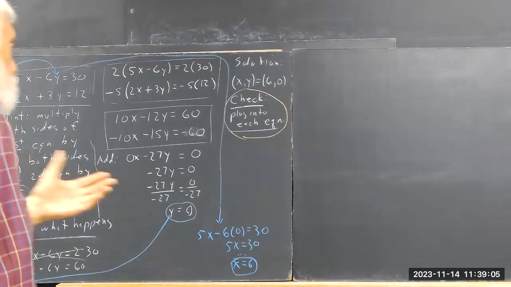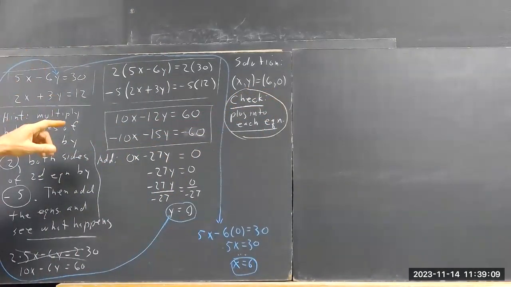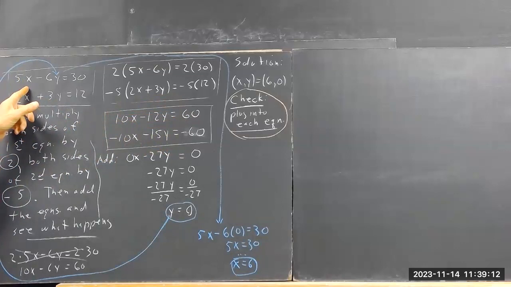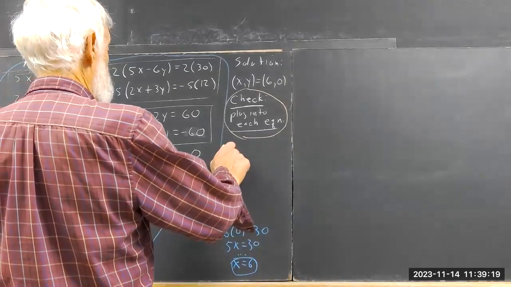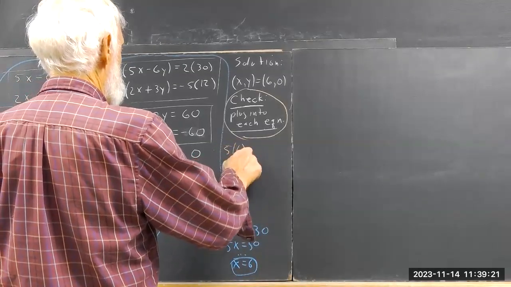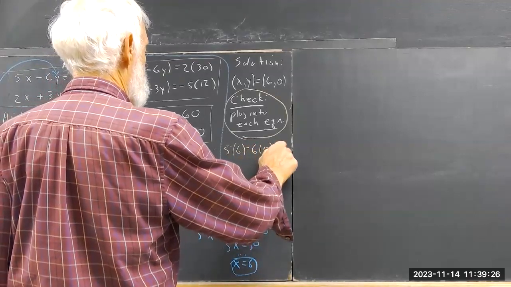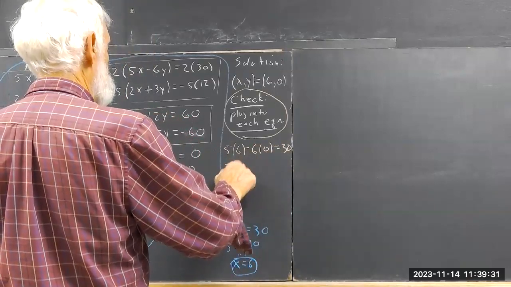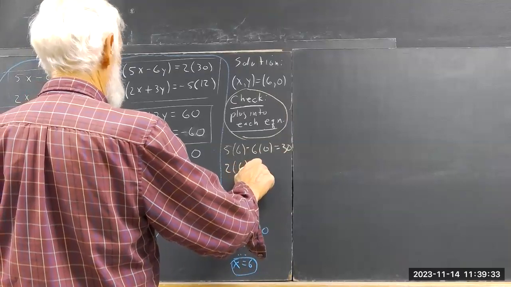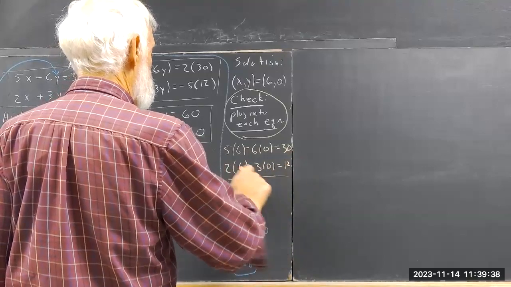Okay, so we plug in 6 and 0. The first equation is 5x minus 6y equals 30. We plug in 6 for x, so we have 5 times 6, and plug in 0 for y, so we have minus 6 times 0, equals 30. In the second equation, we have 2 times 6 minus 3 times 0 equals 12.